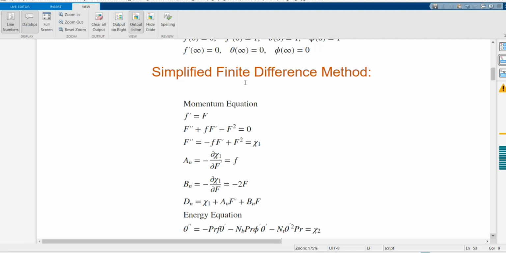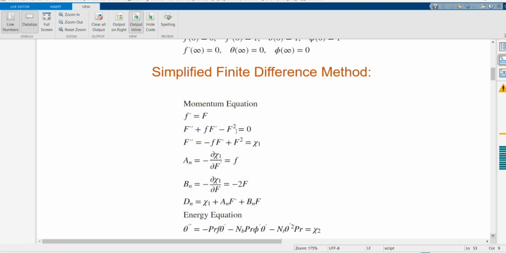You can also do that. I will share the code with you in the description. Probably it will take you 2 to 3 days if you work thoroughly on it, then you can understand. So this was all about the simplified finite difference method, and I don't want to waste much time explaining what it is all about.